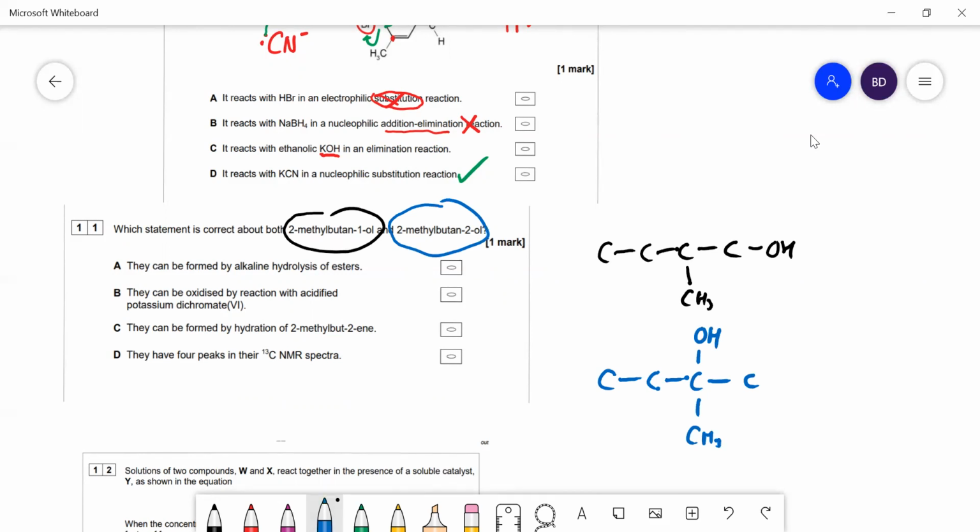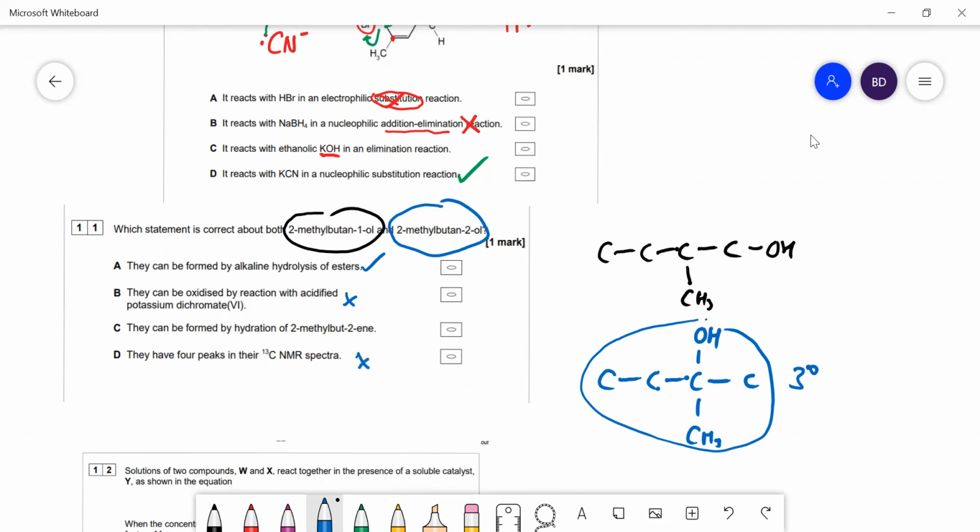So they can both, yeah, you can form esters from both of them, so you can hydrolyze the esters. That's right. Can you oxidize them both? You can't, can you? Because this is a tertiary alcohol. You cannot oxidize that with acidified potassium dichromate. Both give you 4 peaks in the 13C NMR spectra.